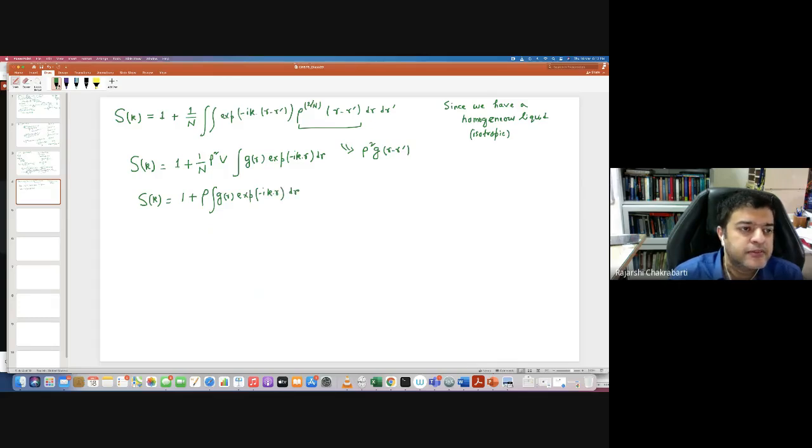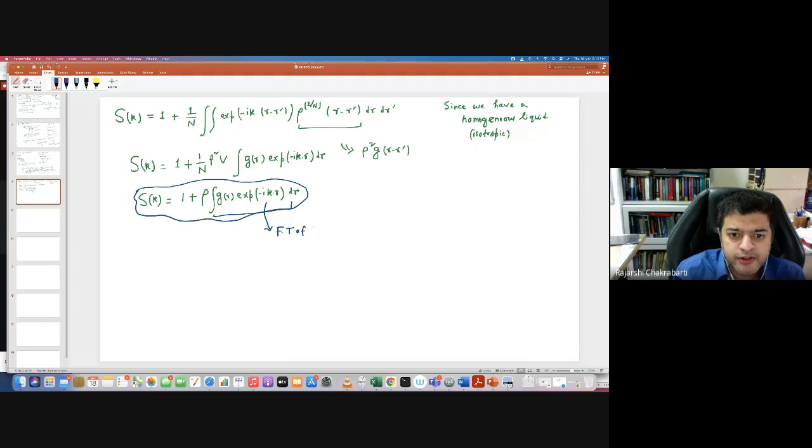And this is a very important relation. What is this relation? It tells you what you are doing. You are doing a Fourier transformation of g of r. So essentially a Fourier transformation of g of r gives you the structure factor. Look at it.